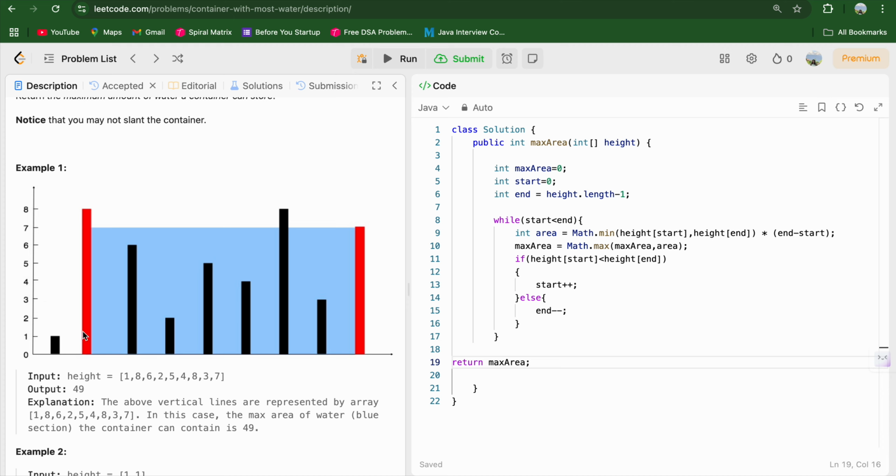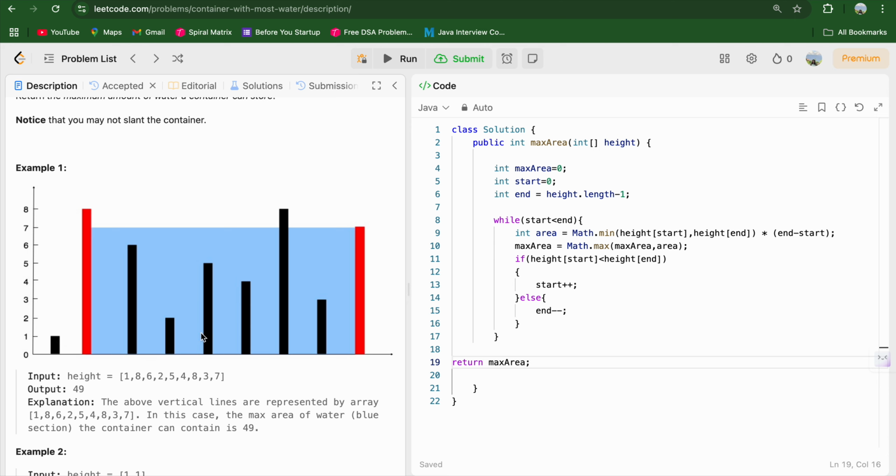So this will be incremented. So how this helps is you can consider the reverse situation first. What if we wanted end to be decremented?